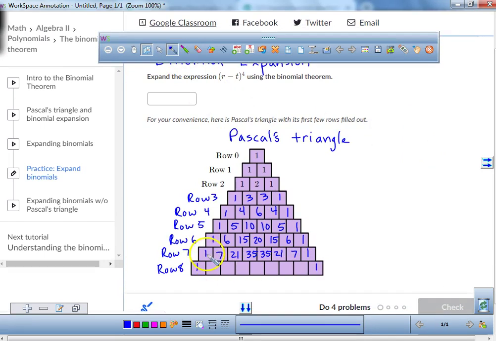And last but not least, 1 plus 7 is 8. 7 plus 21 is 28. 21 plus 35 is 56. 35 plus 35 is 70. 56. 28. And 8. And that's, we're going to go ahead and stop. That's what I want you to focus on putting into your journal nice and neat.